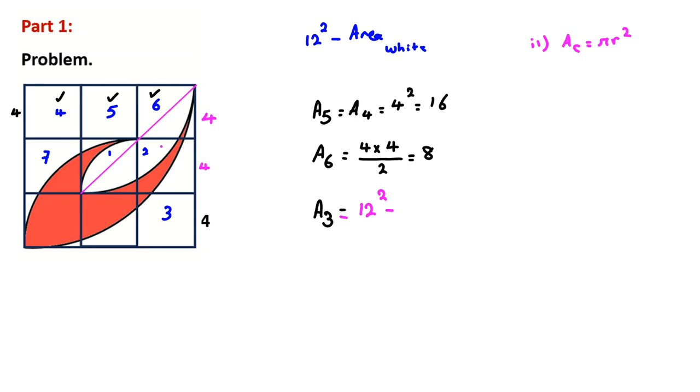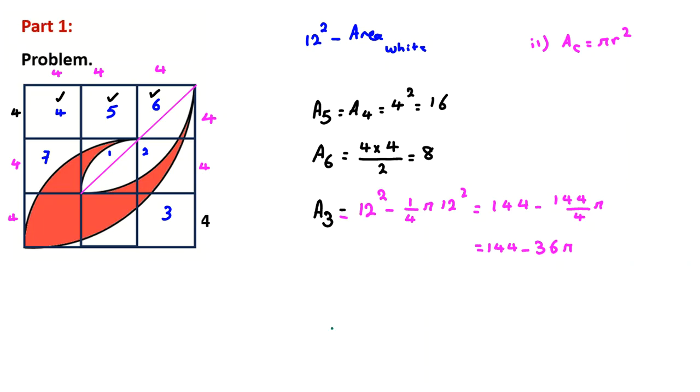This one is a quarter circle, so 1/4 of that, times pi times the radius, which is 12. So it will be 12 squared. If we simplify, it will be 144 minus 144 over 4 times pi. So it will be 144 minus 36 pi.